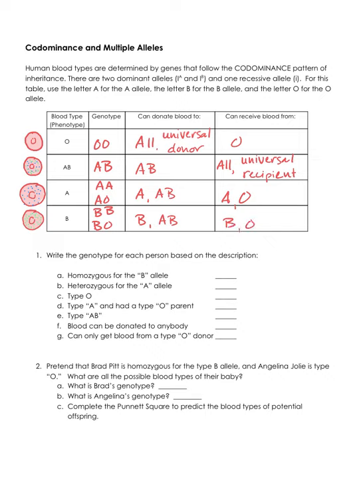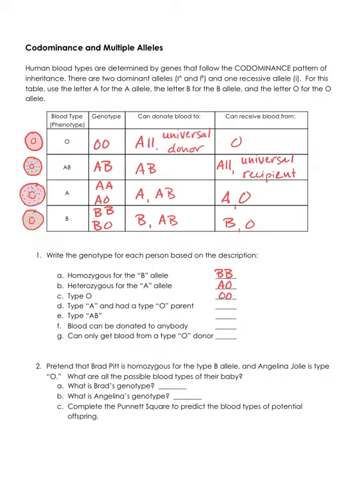So now we're going to go over some different genotypes. Number 1 says write the genotype for each person based on the description. If someone's homozygous for the B allele, they'll have BB. If someone's heterozygous for the A allele, they'll have AO. If someone has type O blood, their genotype is OO.